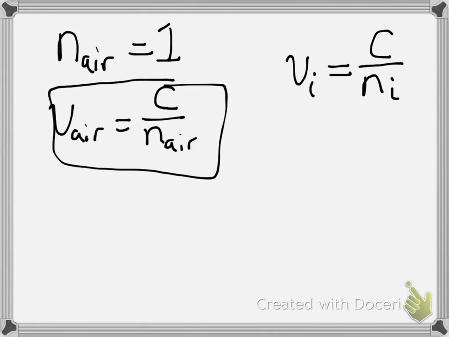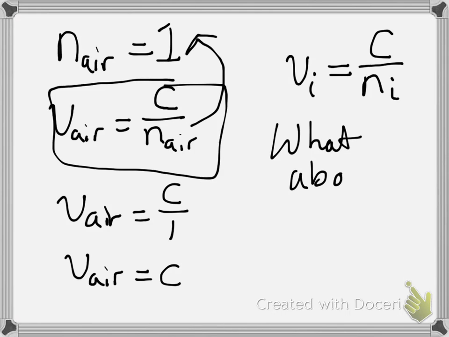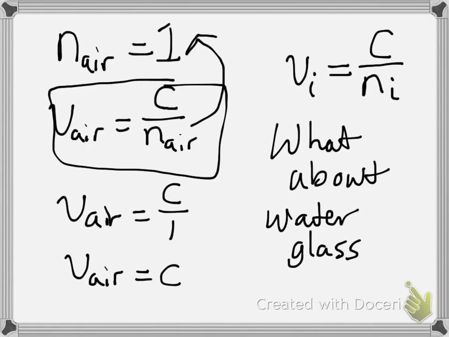Okay? And for air, if n of air equals 1, then the velocity in air is equal to c divided by 1, and then the velocity of light in air is just equal to c, the speed of light. All right? But what about things like water or glass? Things that have a little bit more density than air.